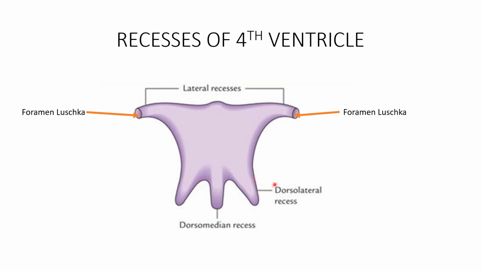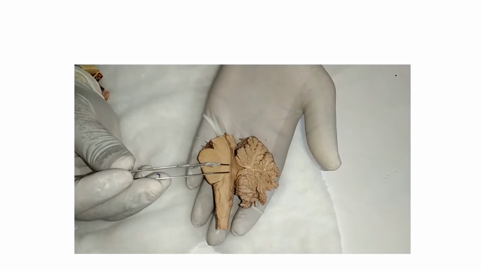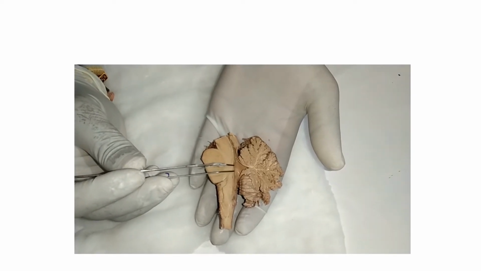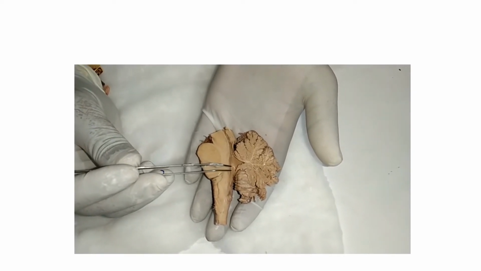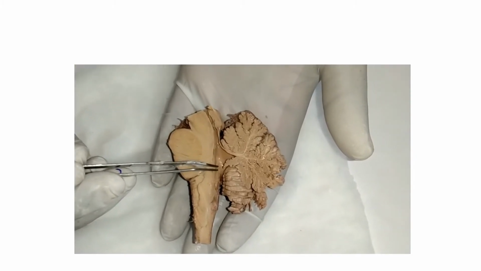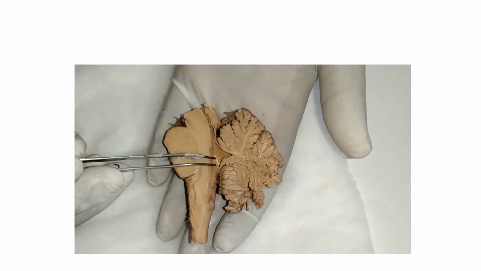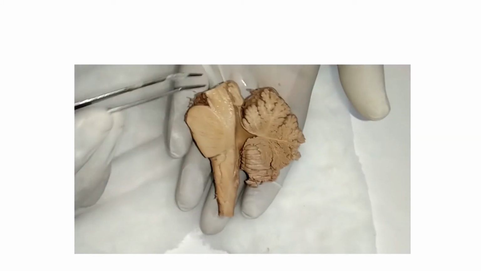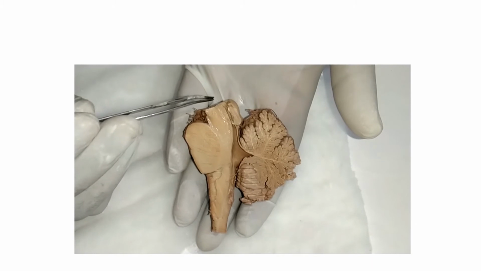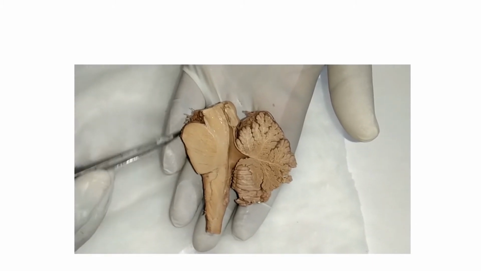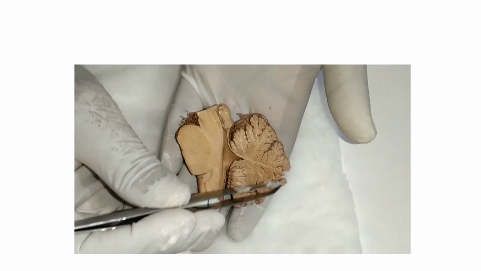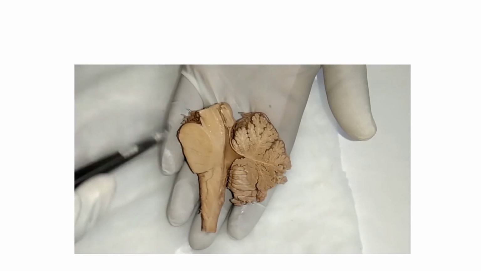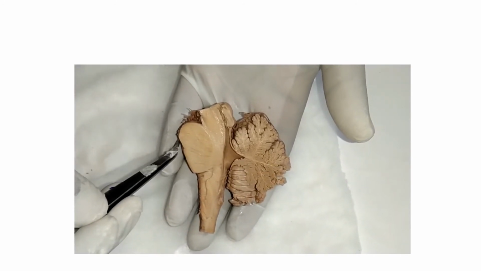Now we can appreciate the fourth ventricle on this specimen. Before I go to the demonstration of the fourth ventricle, firstly we need to know the orientation of this specimen. You can see this is the superior and this is the inferior, this is the ventral aspect, and this is the dorsal aspect, also called the posterior, and this is also called the anterior.